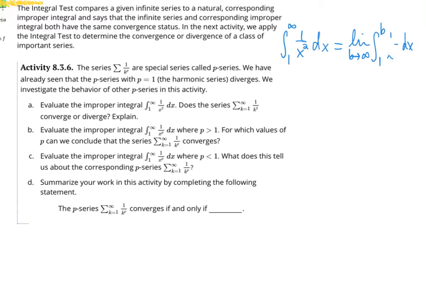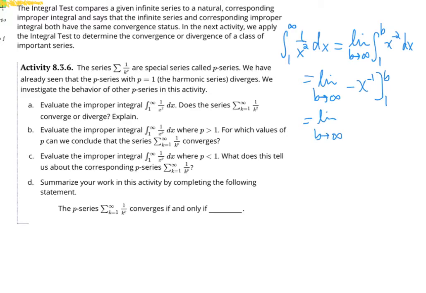Just to make things easier on myself, I'll write it as x to the negative second power, so I don't forget to copy my limit as b approaches infinity part. The antiderivative of x to the negative 2 is going to be x to the negative 1 over negative 1. So this will be negative x to the negative 1 from 1 to b.